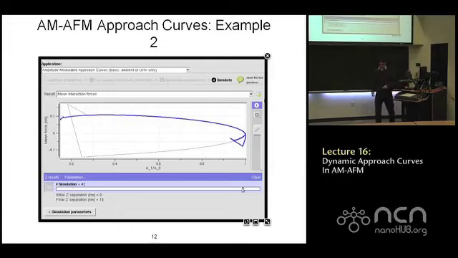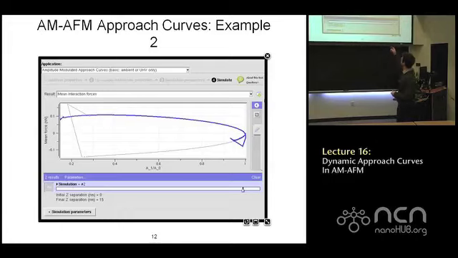Okay, and the way that we name attractive and repulsive regimes of oscillation is by the net interaction force. We might graze the sample and encounter repulsive forces or not, but they're named by the fact that the net interaction, or the time average interaction, will either be attractive or repulsive.